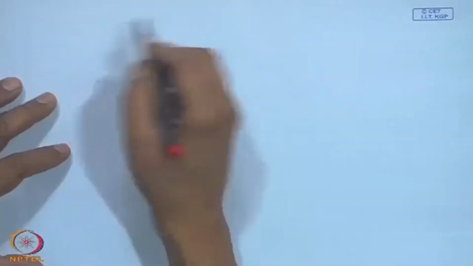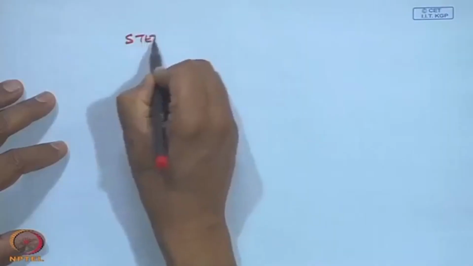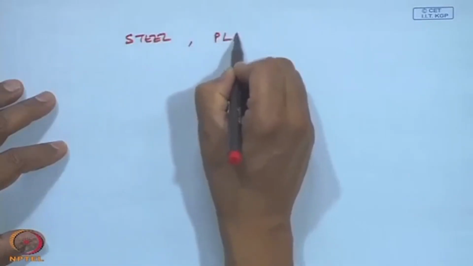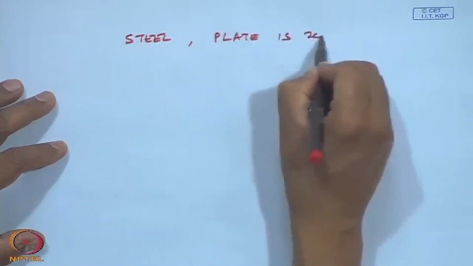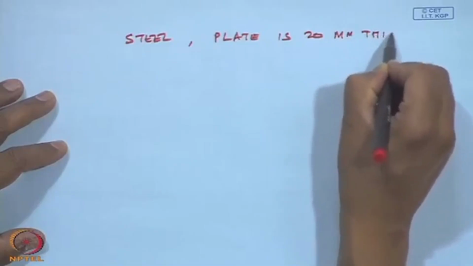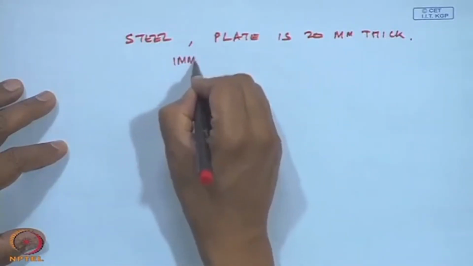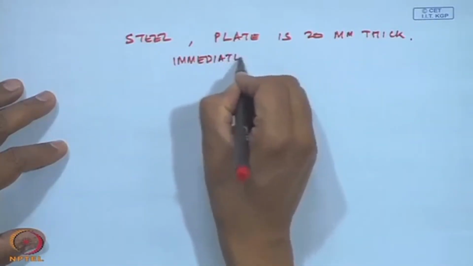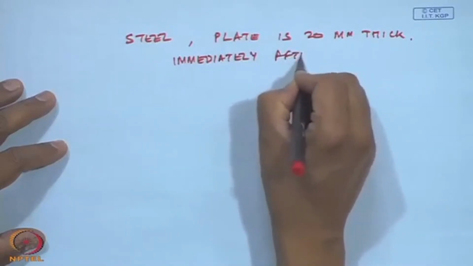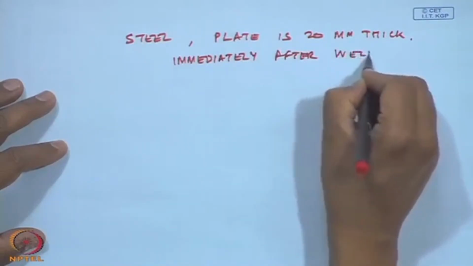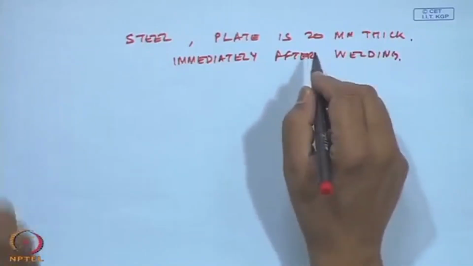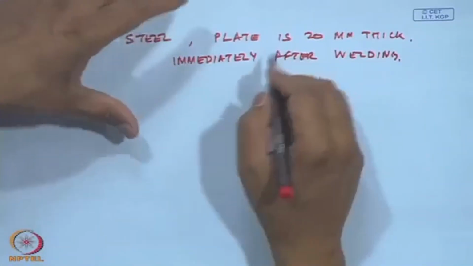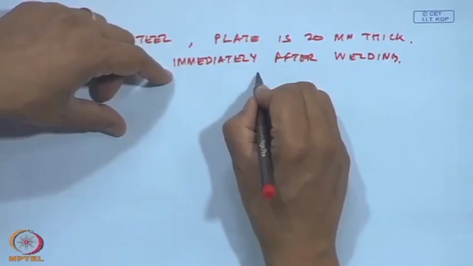And usually I should tell you, when you weld, you have to go to the melting point temperature. Usually for steel, if a plate is 20 mm thick, immediately after welding, you have to hold at that weld temperature that material which has been fused for about 1 hour.